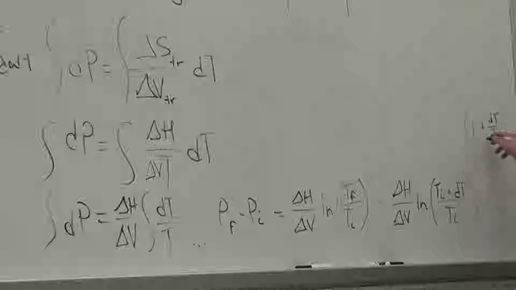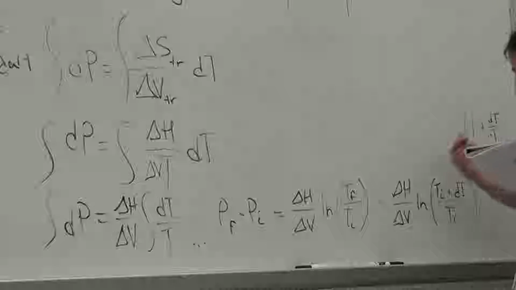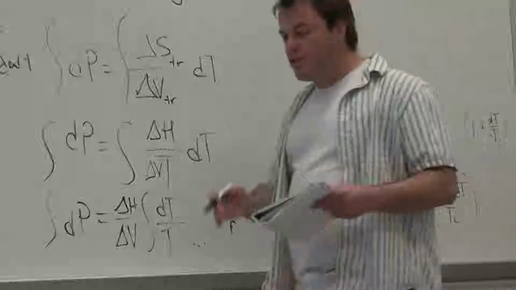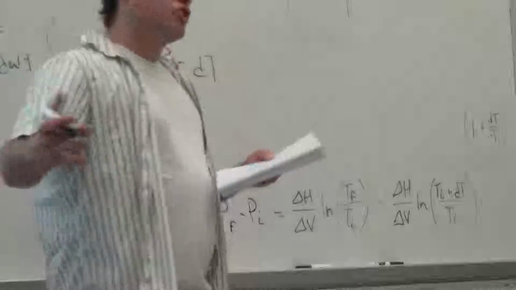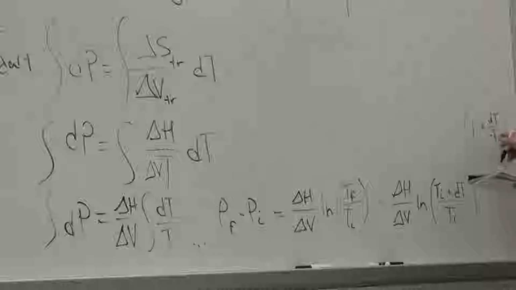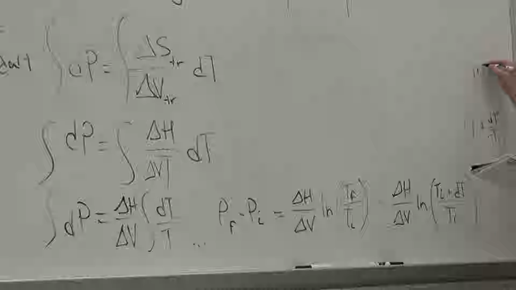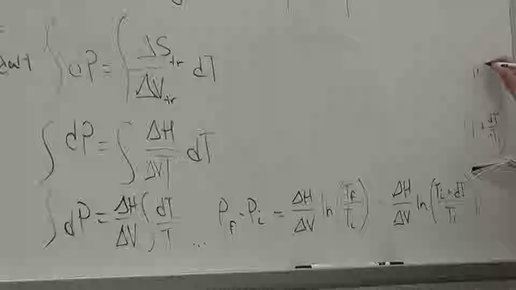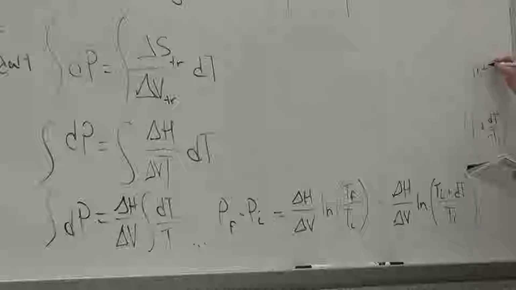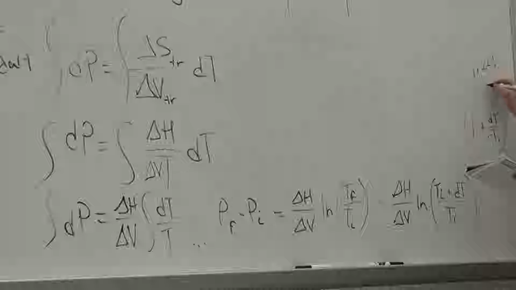So this argument can be turned into this term, and that guy, if you look at it in a series expansion, the natural log of 1 plus something that is much less than, how do I write this? Much less than 1 is just that term.